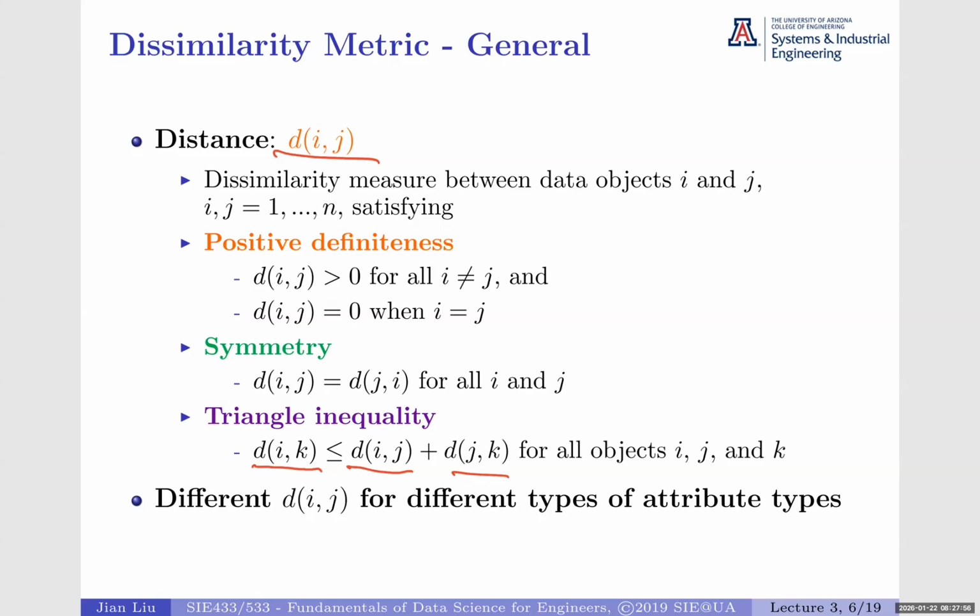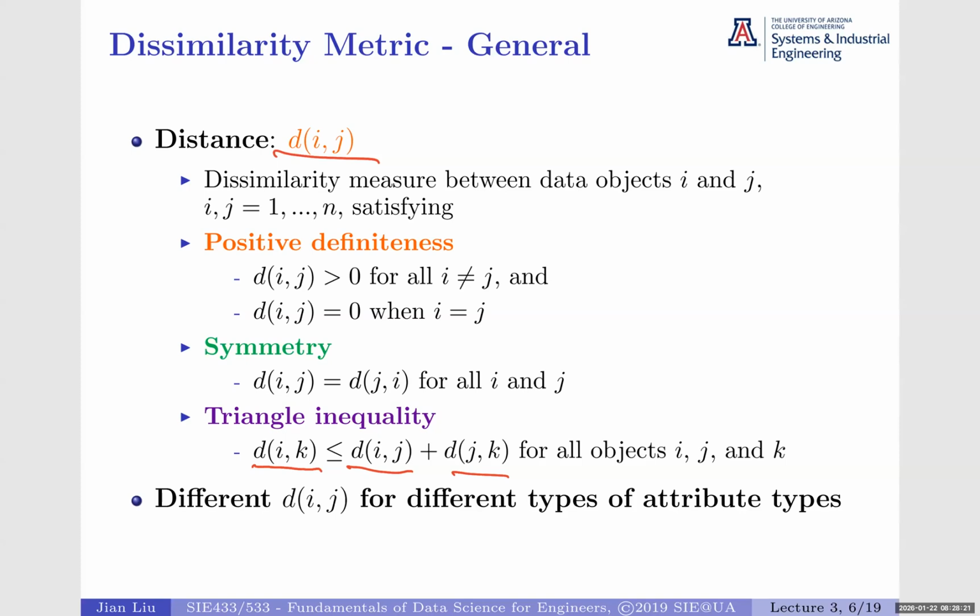It's just like a triangle. This holds for any three arbitrary different data objects i, j, and k. The distance definition must satisfy these three properties. Otherwise, it is not a qualified distance measure.